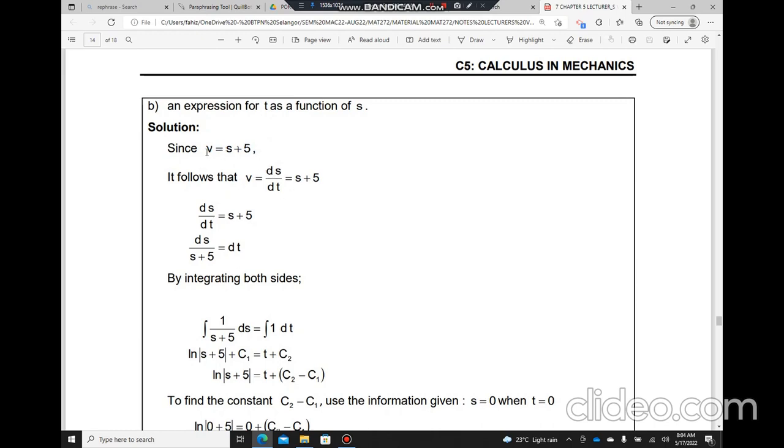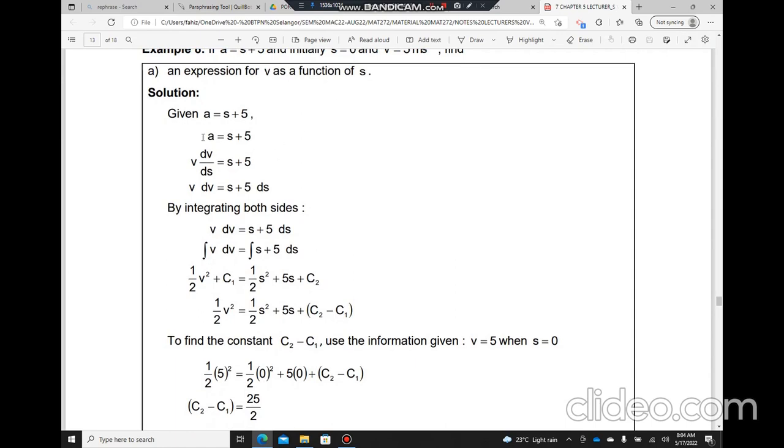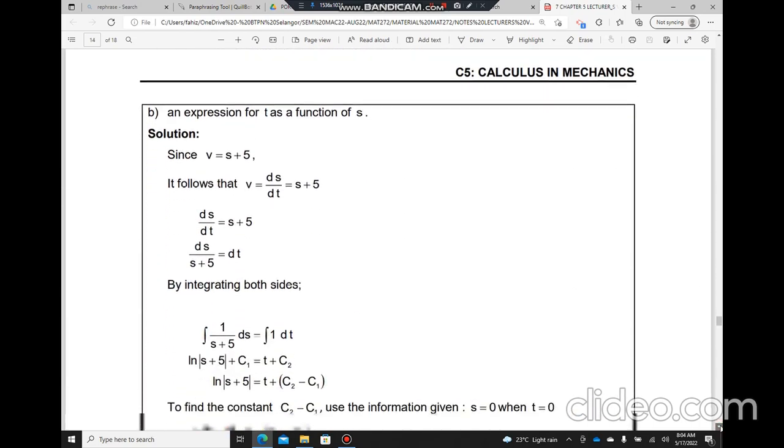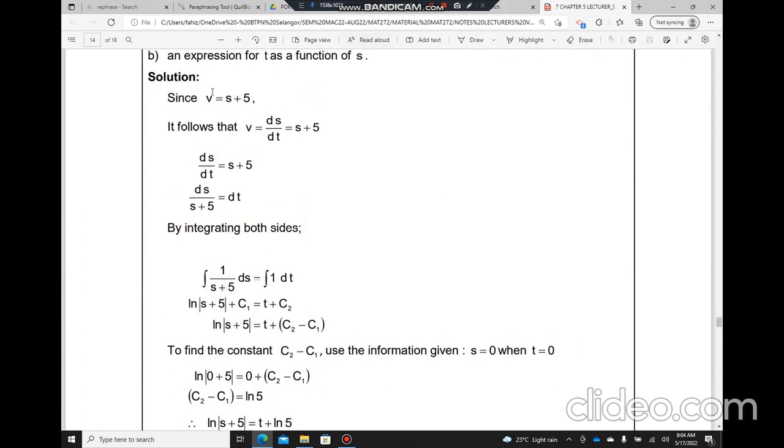So kita nak wujudkan T pula kat sini, sedangkan dia ada V. Macam sebelum ni kita ada A kat sini, kita tukar sebab kita nak wujudkan V, sebab dia nak V as a function of S. So yang ni pun sama juga konsep dia. Dia bagi V equals S plus 5 and then dia nak an expression for T as a function of S. So it means that for V you just change to ds/dt equals S plus 5.